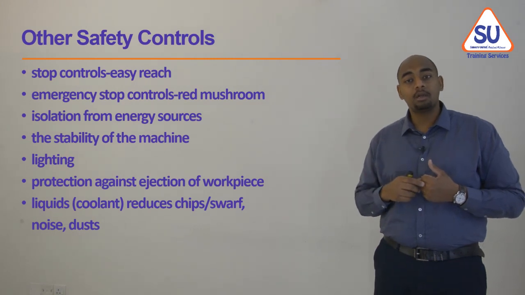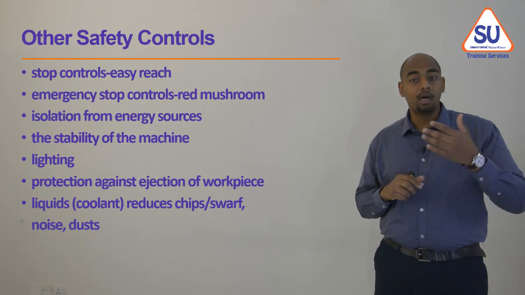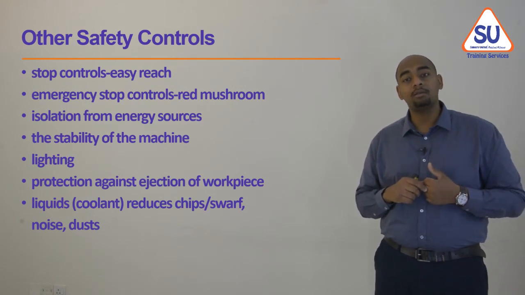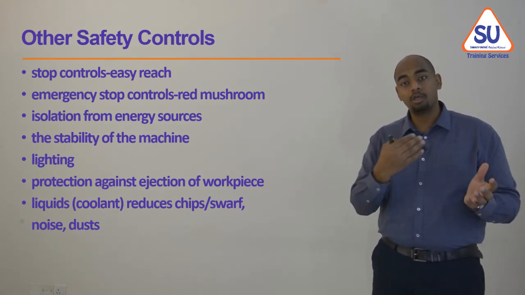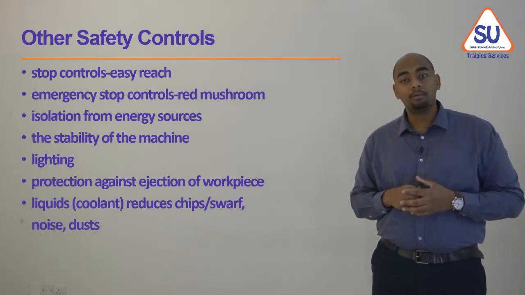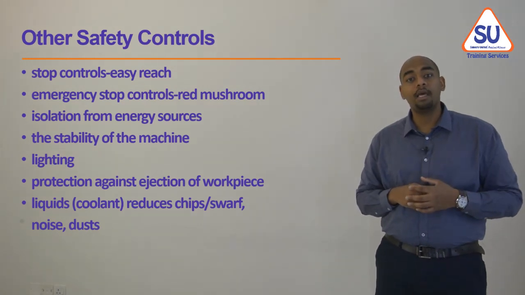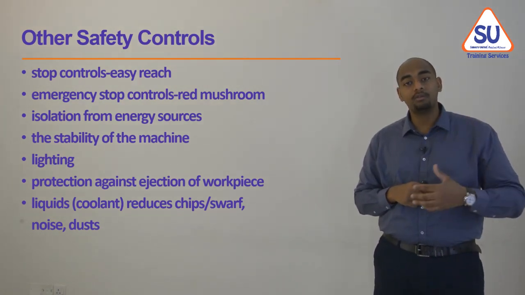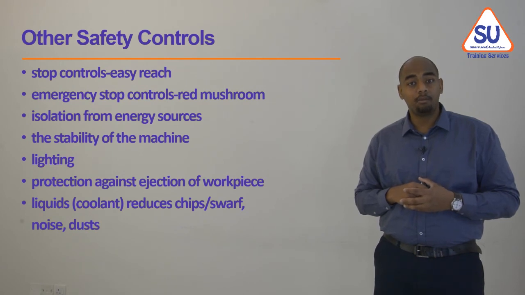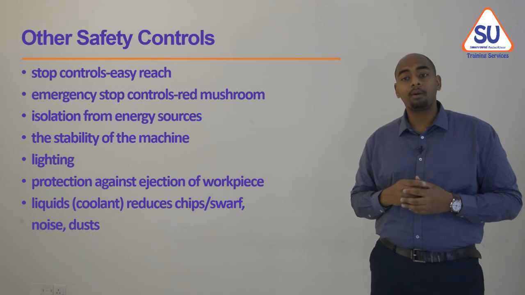The liquids like coolants, also we have to reduce the chips and swarf, noise and dusts to protect the users from any kind of liquids that are being used on those machineries. And also if there is any kind of noise, any kind of dusts being emitted from those machineries, users should be protected properly.